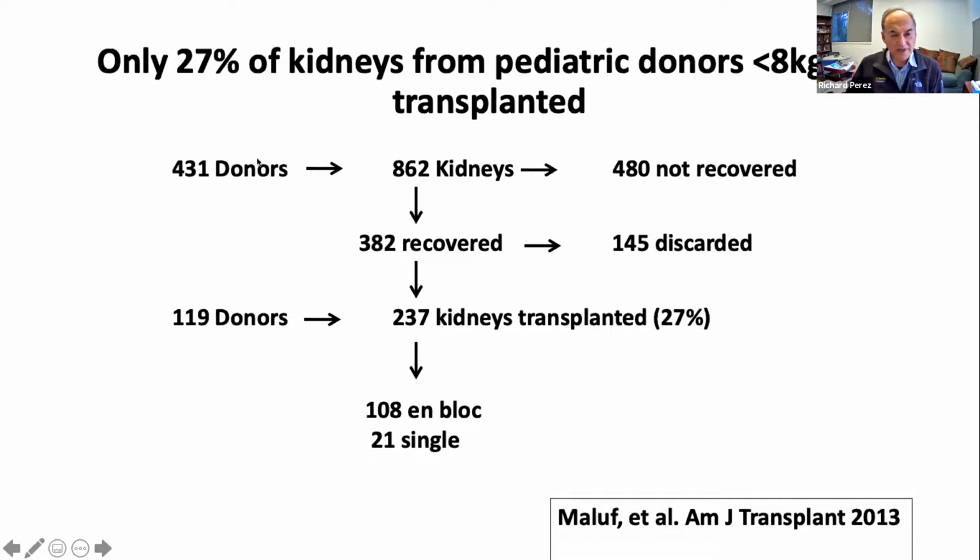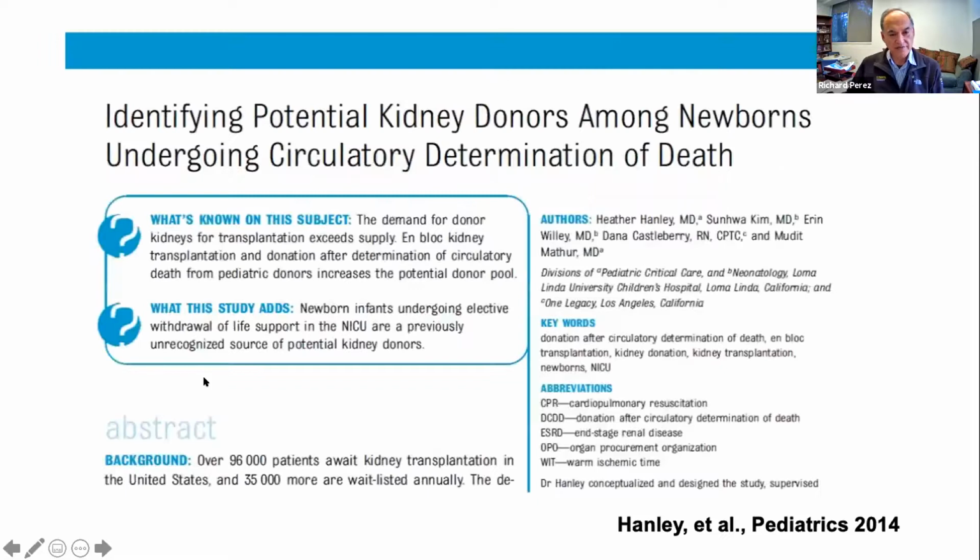And these are donors that already have the consent. Kidneys were left in place. Of those that were recovered, 145 were discarded for various reasons. So of the 862, less than a third or 27% were transplanted. So that to me looks like a significant opportunity for intervention.